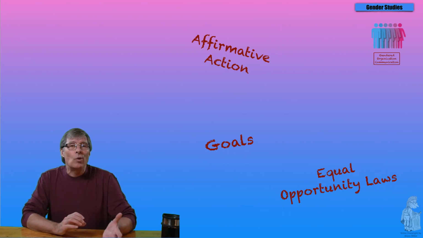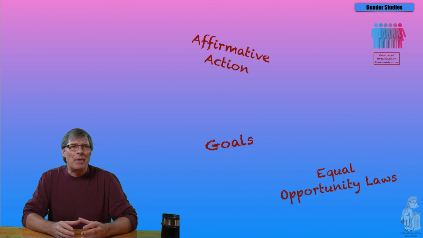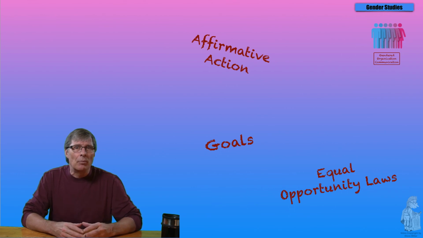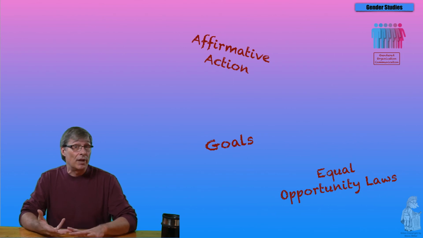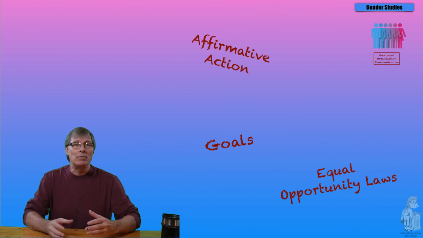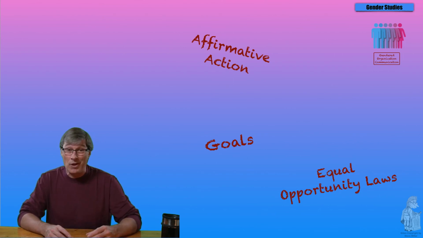And quotas and goals are seen as a maximum rather than a minimum number of women or minorities who will be admitted, hired, or promoted. Other institutional members may assume they only got in because of their sex or their race, and thus women and minorities may be perceived as underqualified when they're not.